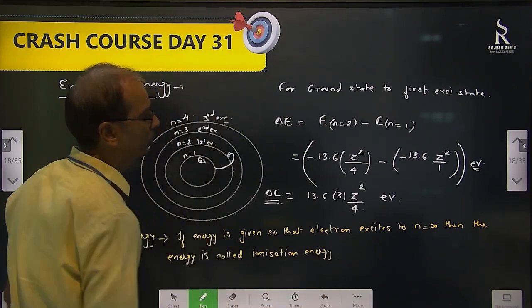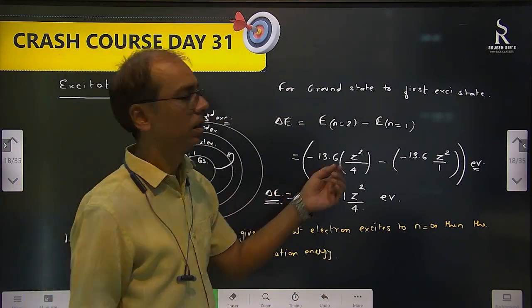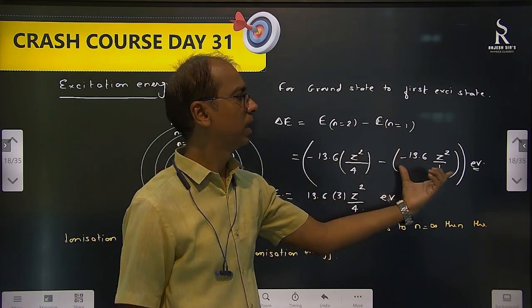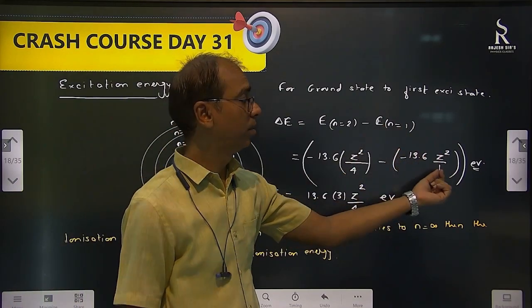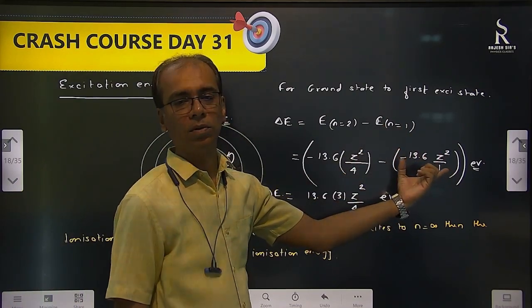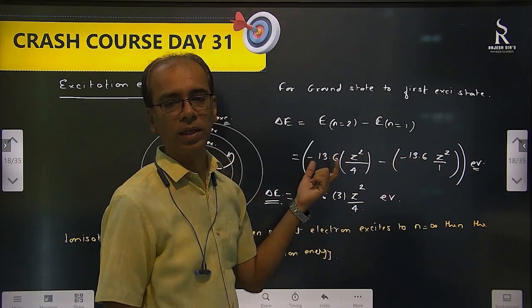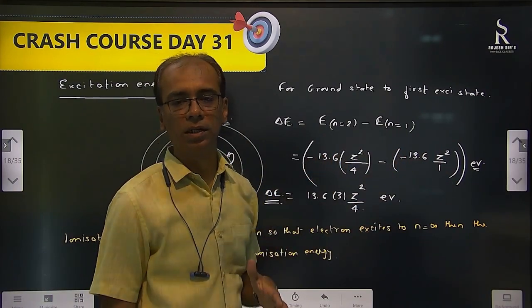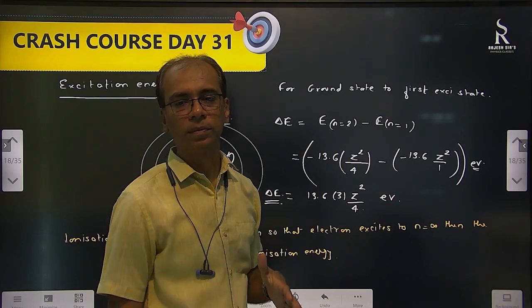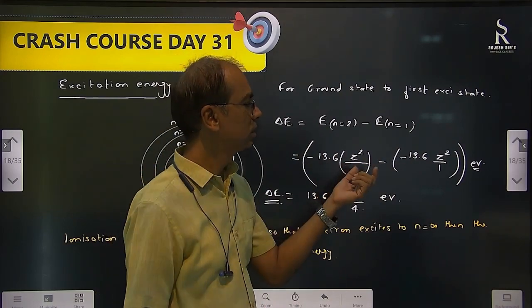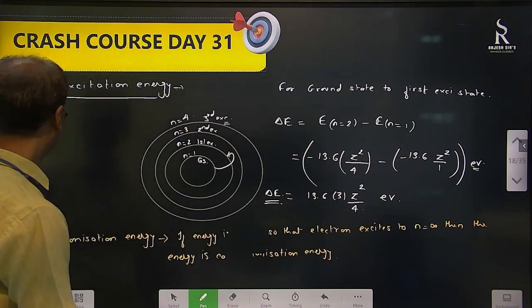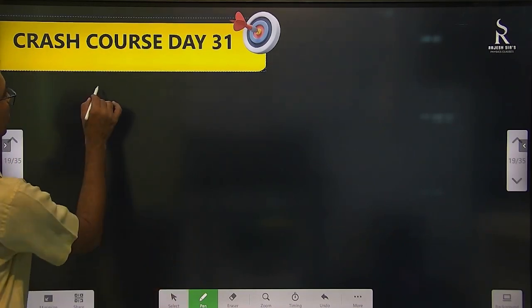So how much energy do we have to give if we are going to send it to infinity? Infinity means that this entire thing will become what? Zero, because it's Z square by infinity. So zero minus ground state energy. Ground state energy means minus 13.6. I'm writing this: ionization energy.